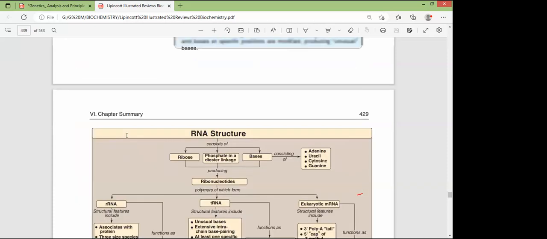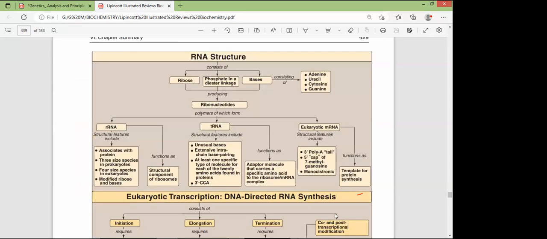Anyway, as you can see, poly-A tail and the 5' cap. Those are the major ones.